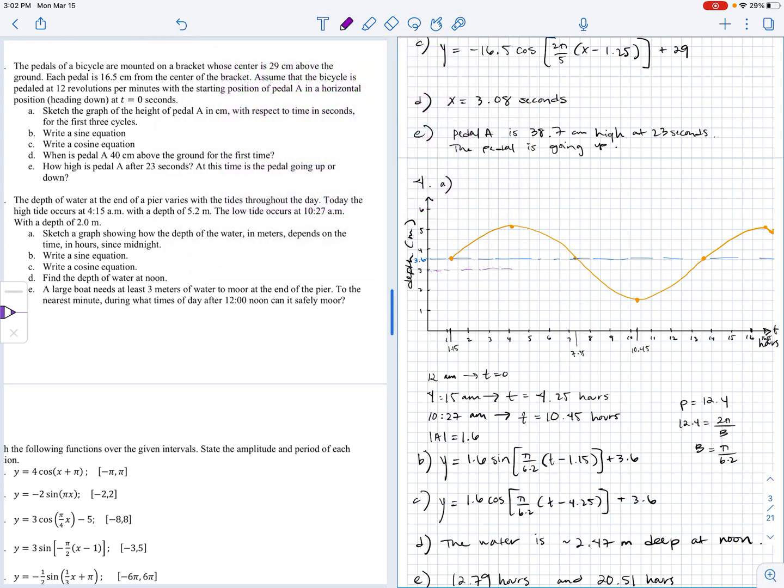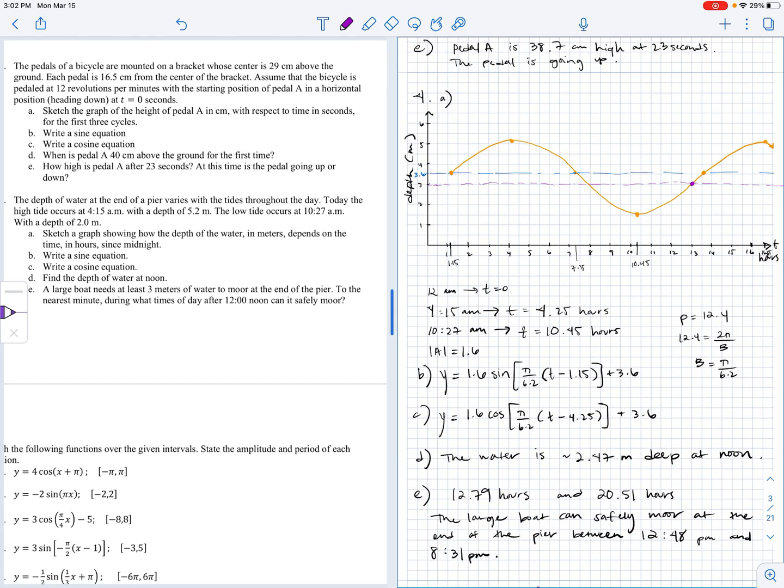If I think about the horizontal line at y equals 3, here I'll use a different color. So at y equals 3, there are going to be 2 points of intersection after t equals 12 that are within the 24-hour period.